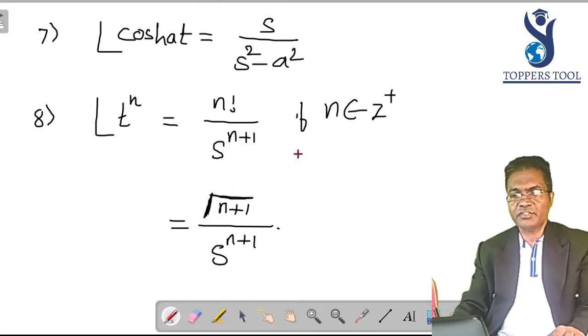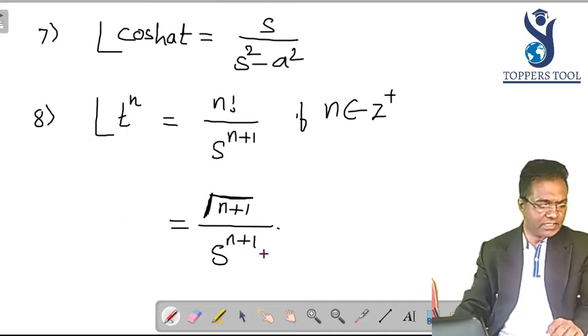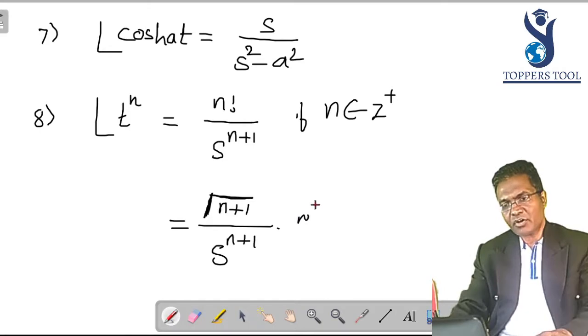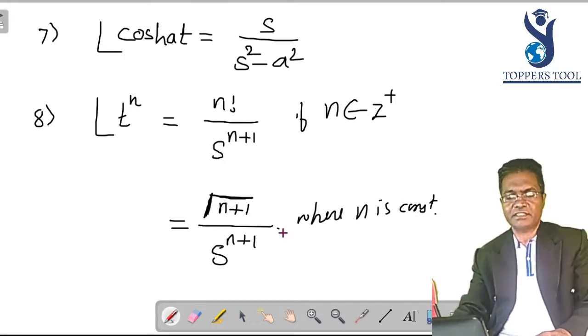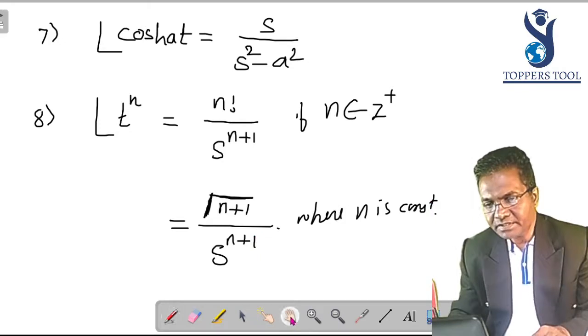So if n is not a positive integer, we go for this formula, where n is constant. You have to remember these, and I will be proving them.